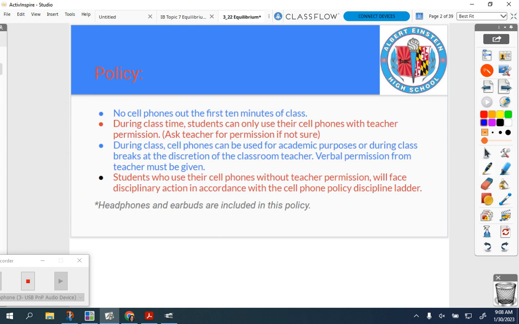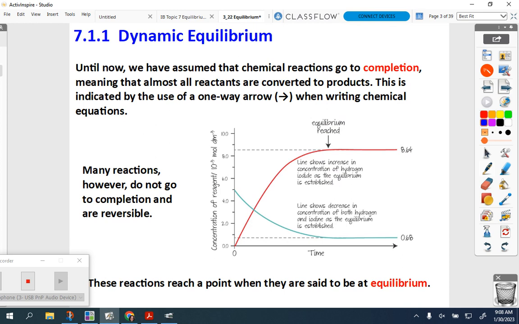Certainly, I understand how it is to automatically reach for it whenever you're slightly bored or feel like you're just waiting for something. But let's try to reduce that. And I will tell you if there's a point where I'm like, yes, go ahead and use your phones. All right.